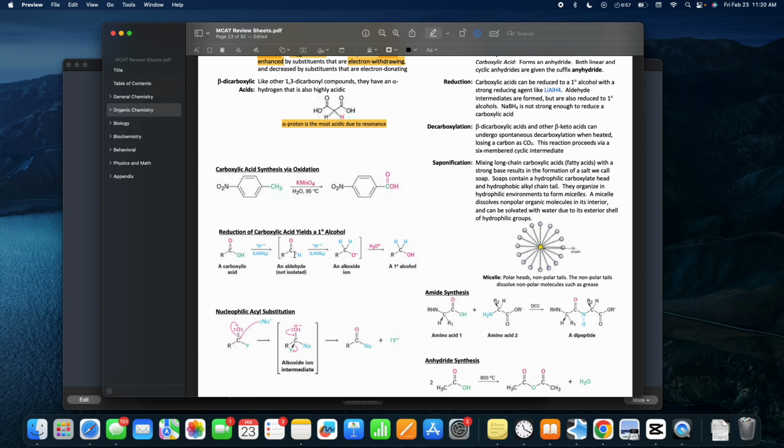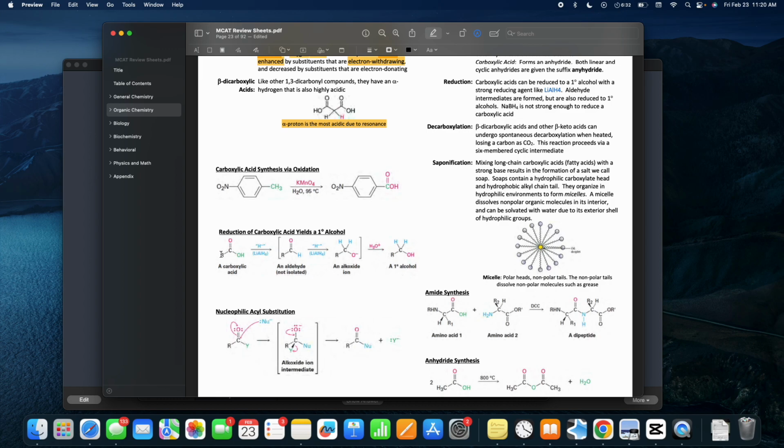The aldehyde is now isolated, and the alkoxide ion here we get the resonance from the double bond goes on to getting a hydrogen, and getting the hydrogen is reduction.